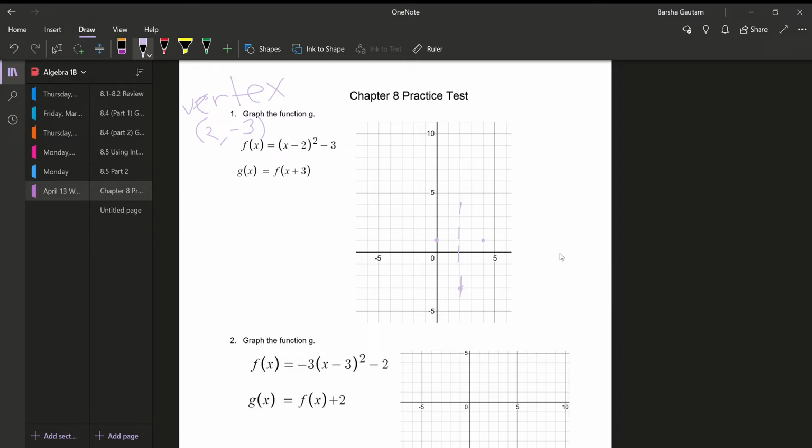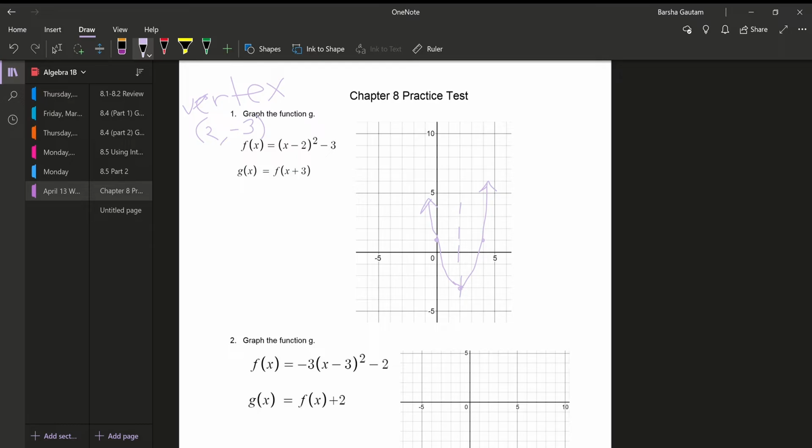Okay. So there's our f of x, the graph for f of x. Let me go ahead and turn this into a line. It's a little difficult on here. Alright, so that's our first graph.